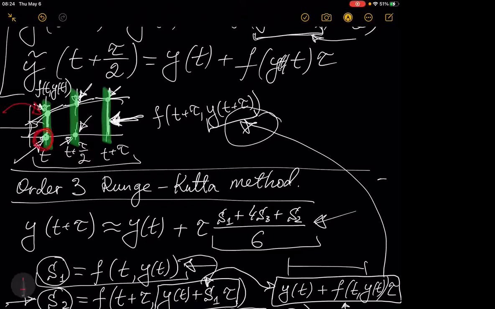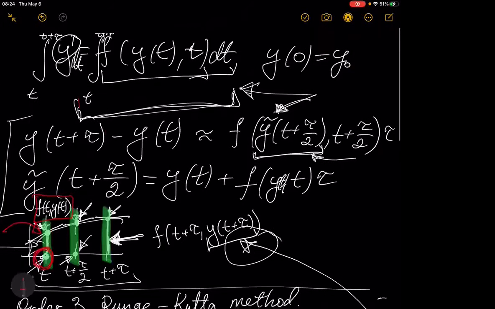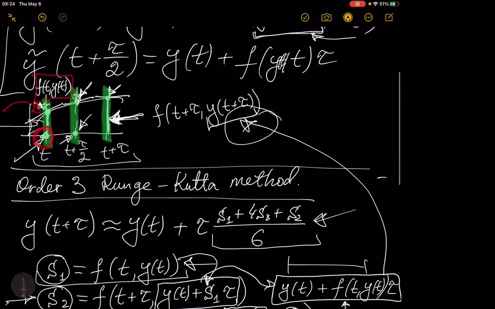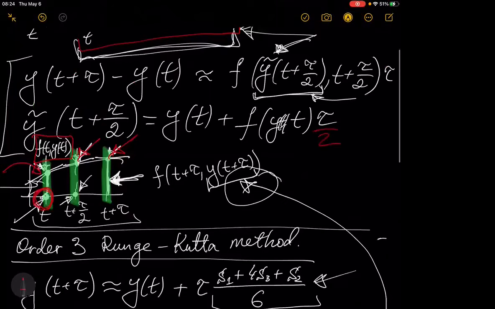Here you can evaluate your function with f, which you are applying. But to integrate using Simpson, to evaluate this integral, you need to know your function also at this point and this point. It's exactly the same as what we did for the midpoint rule or the trapezoid rule and so on. By the way, here it is divided by 2.